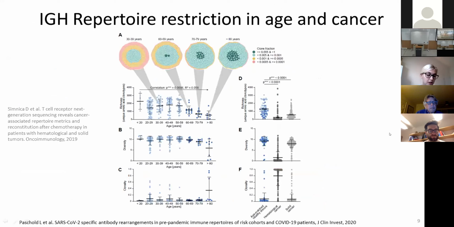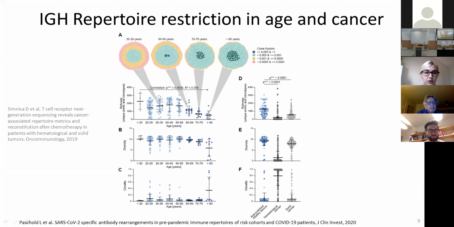So one reason for finding SARS-CoV-2 sequences more frequently in younger individuals might be due to the matrix, because we have shown before for T-cell repertoires that there is repertoire restriction in age and cancer, and here we could show the same thing also for the IGH repertoire.